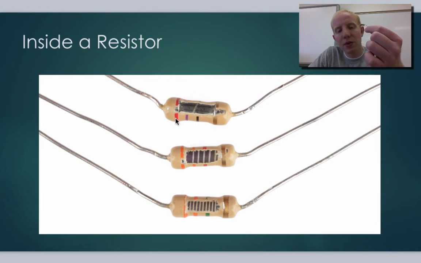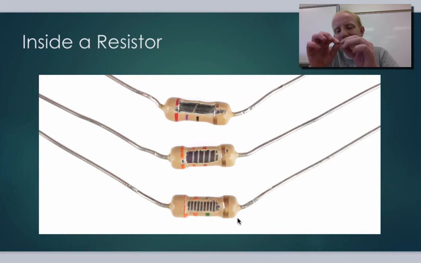Things with very low resistance, that let a lot of electricity through, only have a couple of loops, whereas something with very high resistance has a lot of loops inside of it.